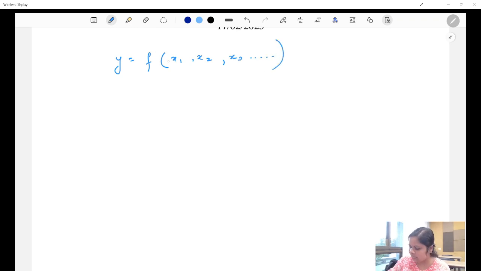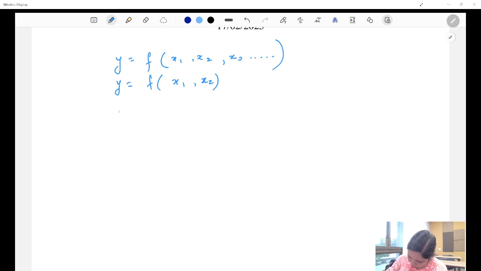For simplicity, I'll consider it to be x1 and x2. Let's say it depends on these parameters. If I want to take the derivative for some incremental change only, not a very big change, then we are going to differentiate it with respect to some variable.